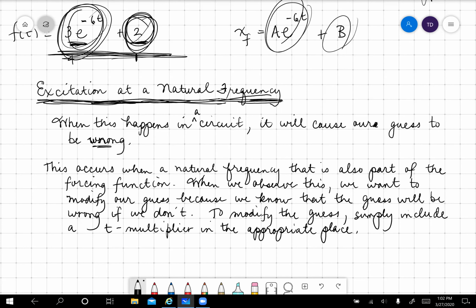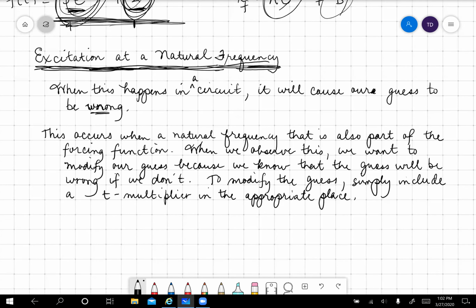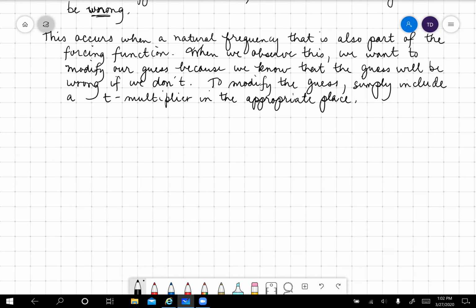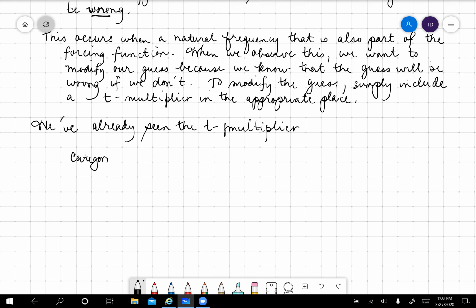So anytime there's something duplicated, we've seen this T multiplier already. So I'm going to show you an example of where we've seen the T multiplier already. And it was here in category 2.